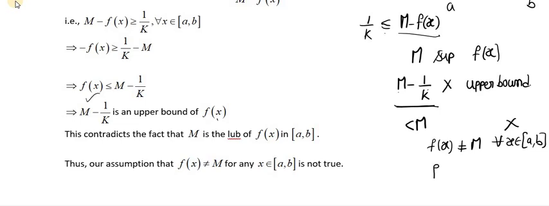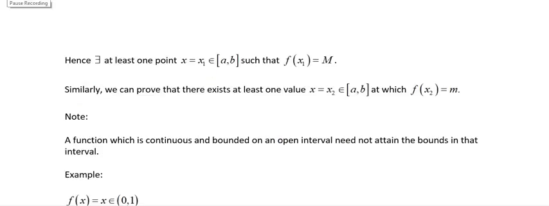That means at some one point of this closed interval, take that point as x1, the f of x1 value is M. Hence, there exists at least one point x equal to x1 belonging to the closed interval [a, b] such that f of x1 equals capital M. Similarly, we can prove that there exists at least one value x equal to x2 belonging to the closed interval [a, b] such that f of x2 equals small m.